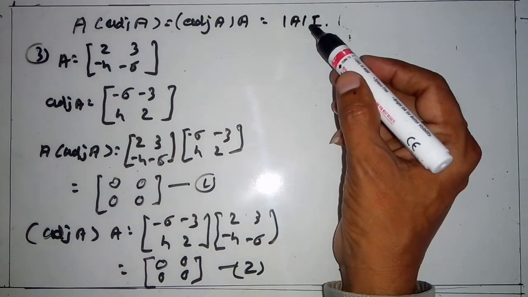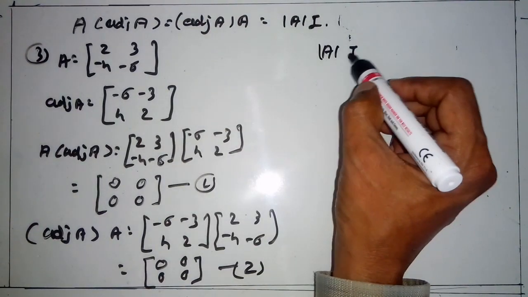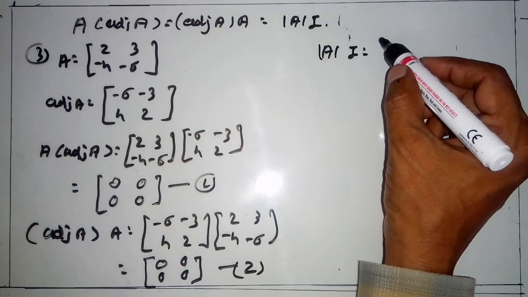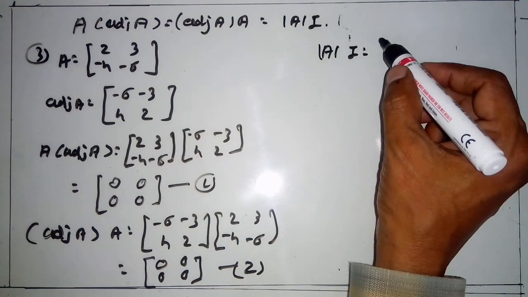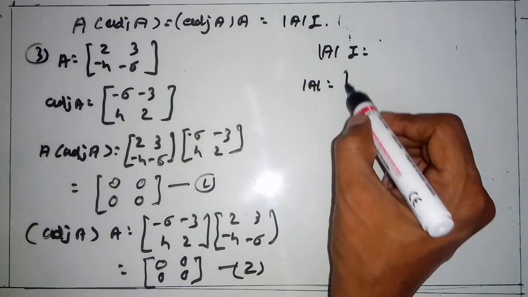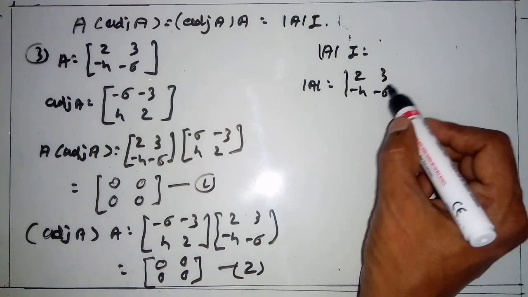Now find determinant of A into I. Here we know how to get the determinant of A. First find the determinant of A. Determinant of A is equal to 2, 3, minus 4, minus 6.